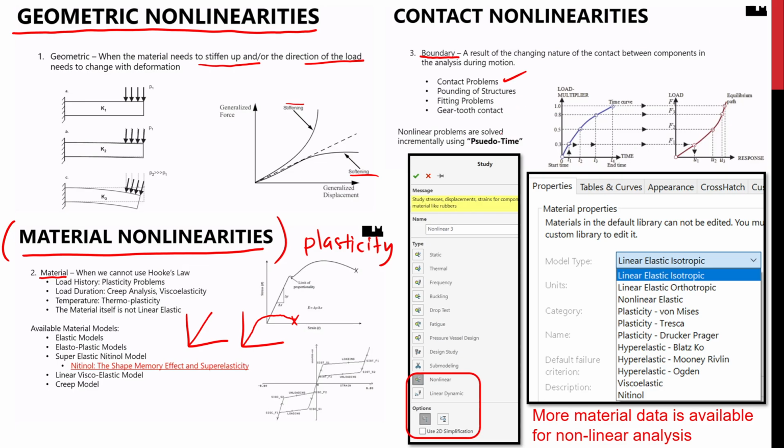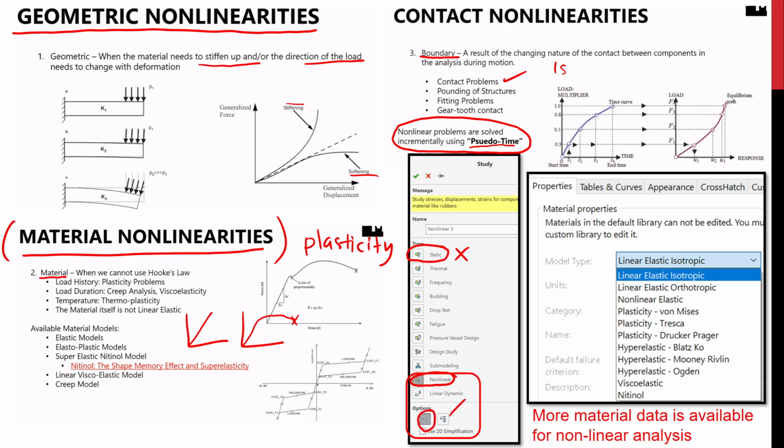And when you solve non-linear problems, it is solving incrementally, meaning it is solving it slowly and slowly and slowly. It will say 1 second, but it's actually not 1 second. It's just a pseudo time, not real time. How to do that? Instead of static analysis, don't go here, you go to non-linear, and you choose static.